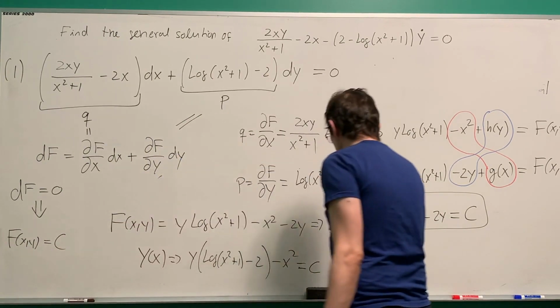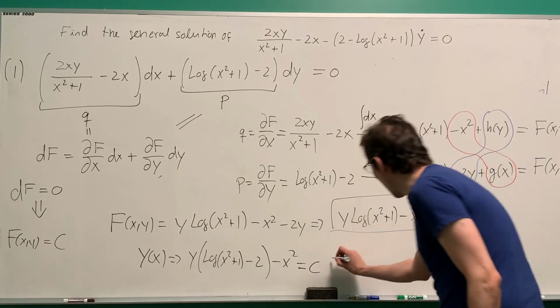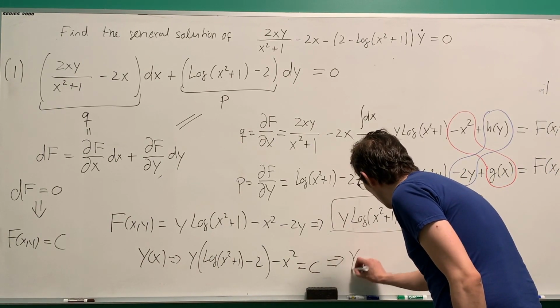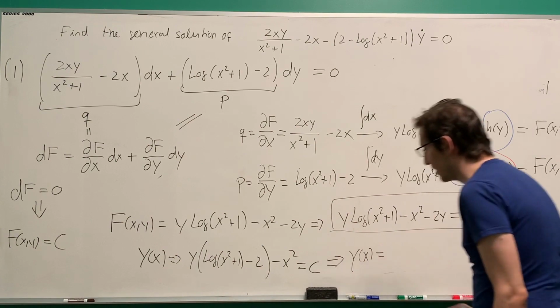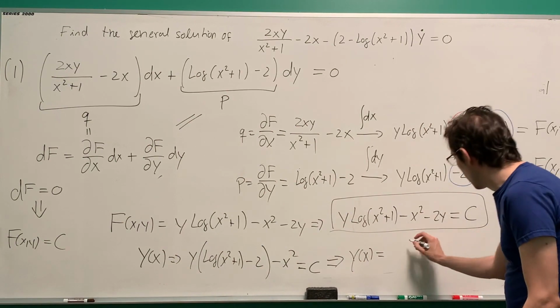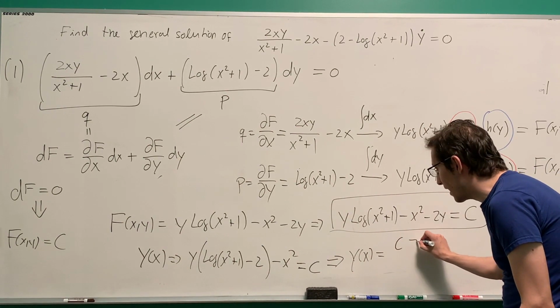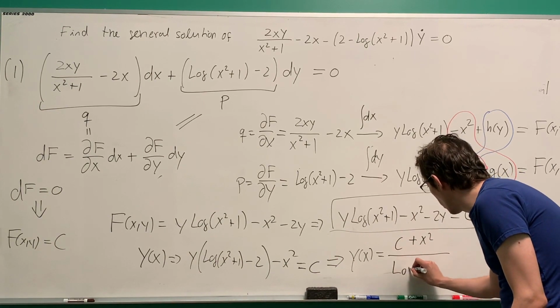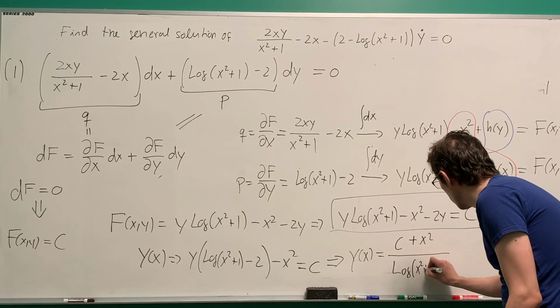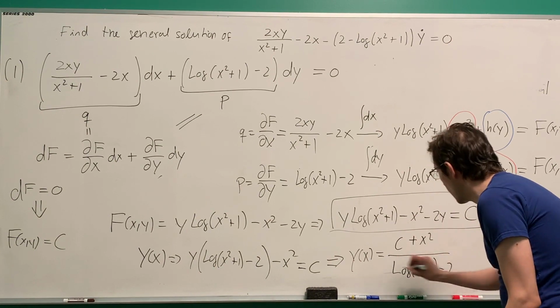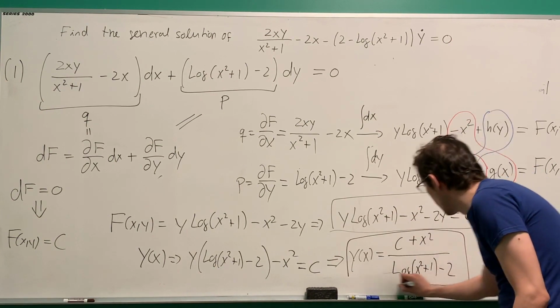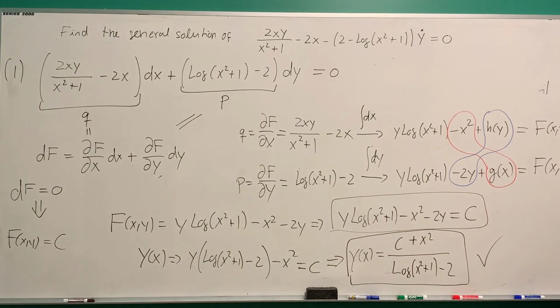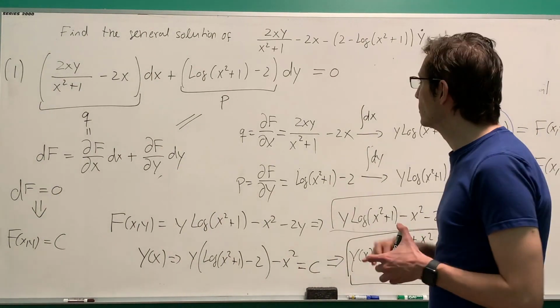We put everything that's not y on the right hand side, and then we find that y of x is equal to c plus x squared divided by the log of x squared plus 1 minus 2. And this, my friends, is the general solution to the differential equation that we started with.